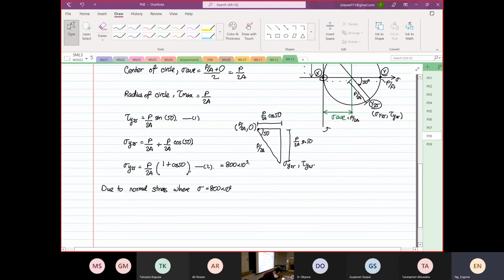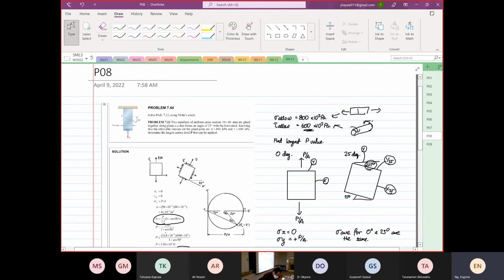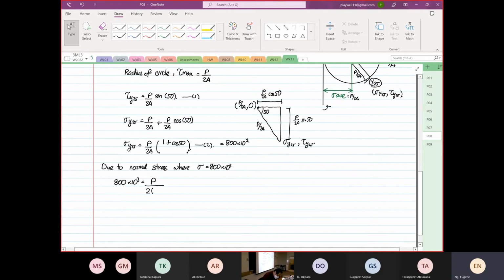So you have 800 times 10 to the power 3 equal to P divided by twice the area. The area is 0.05 times 0.08.